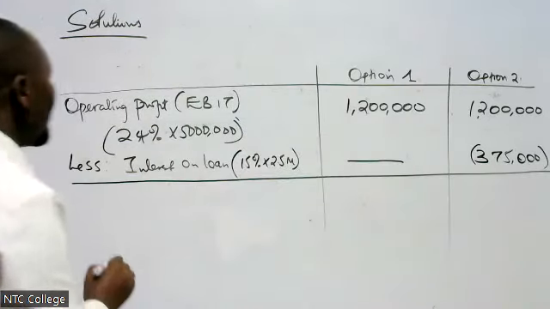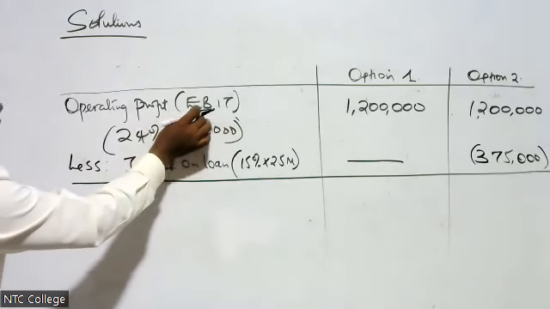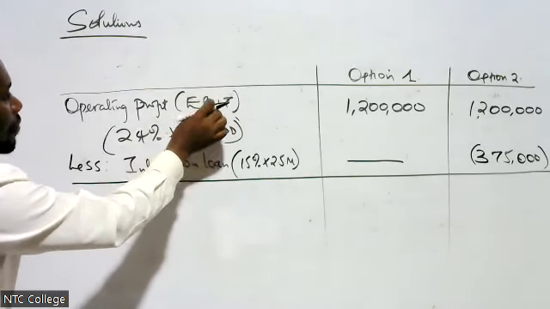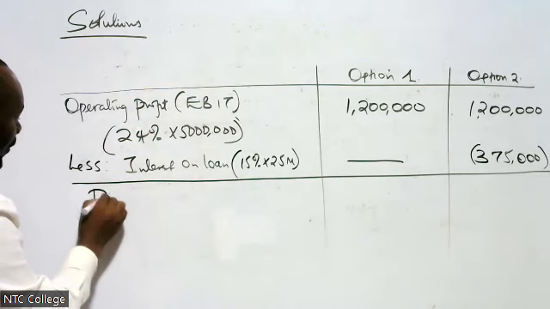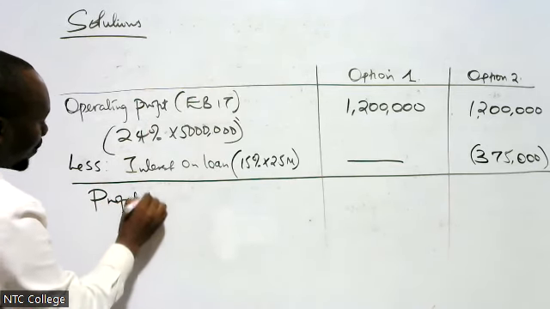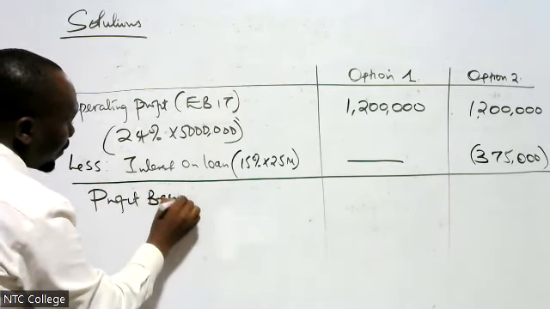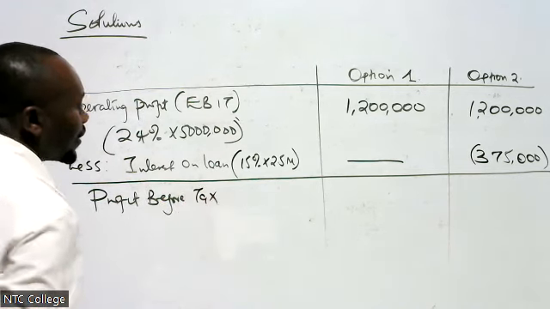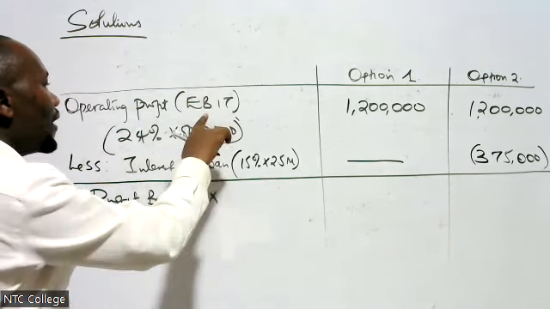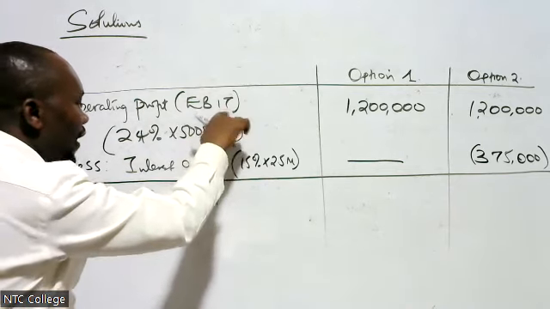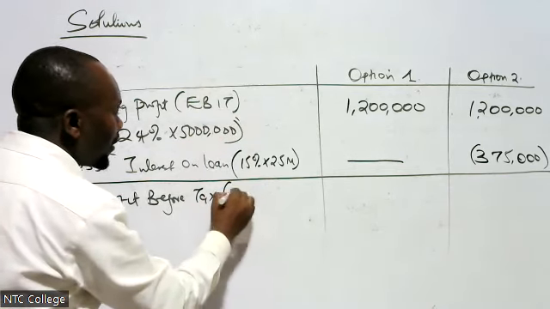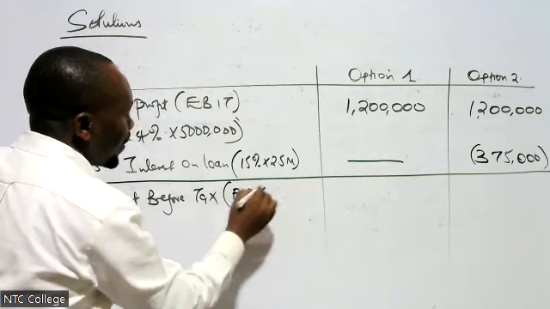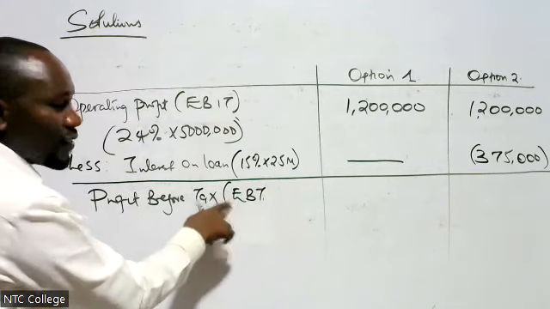So what we are going to have is profit before tax. It is before tax because already we have removed interest. It is only tax that is remaining. Or we call it EBT. Earning is the same as profit.